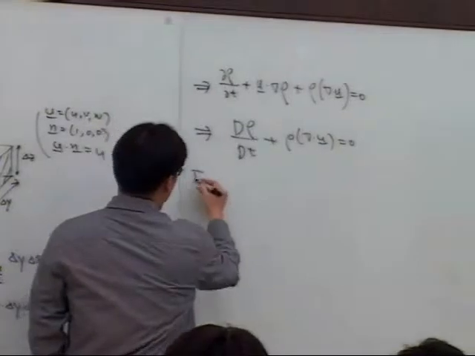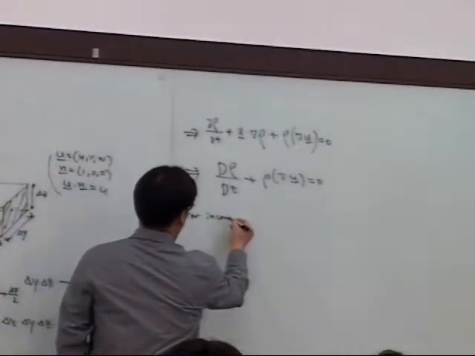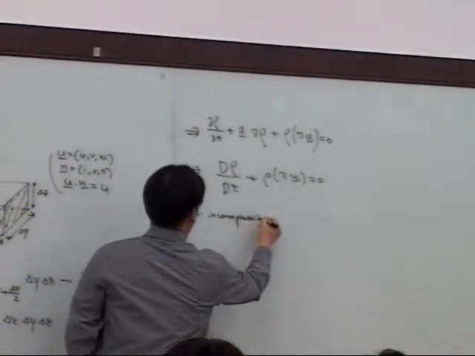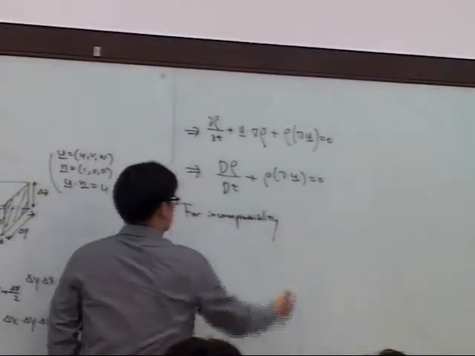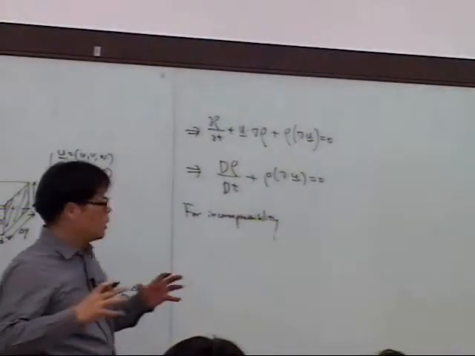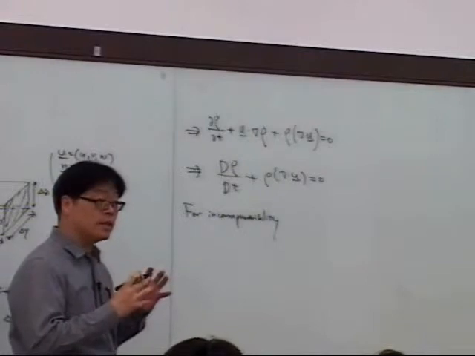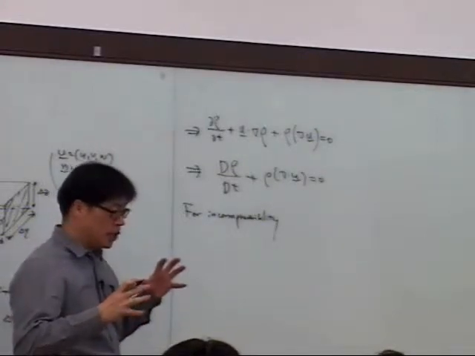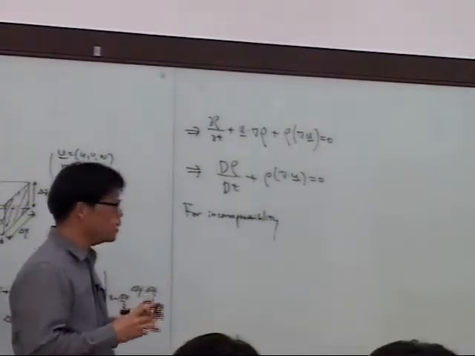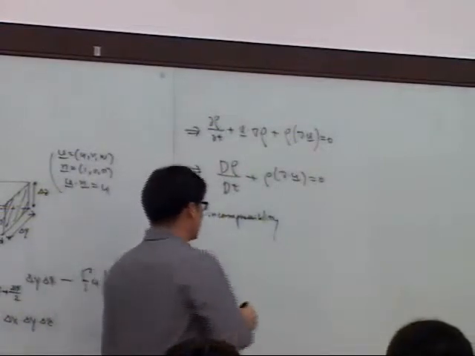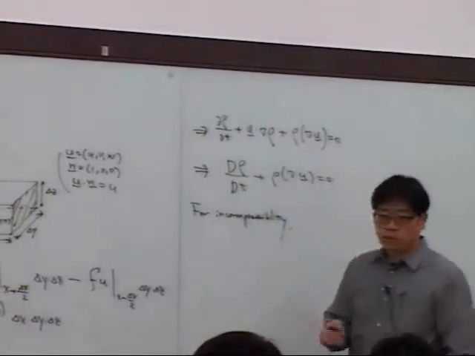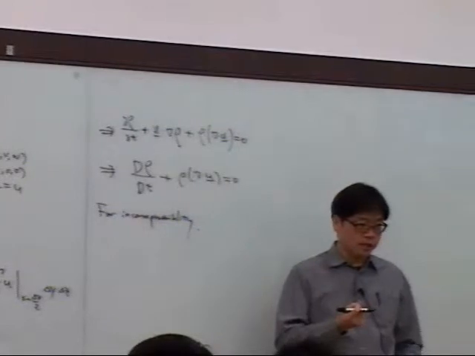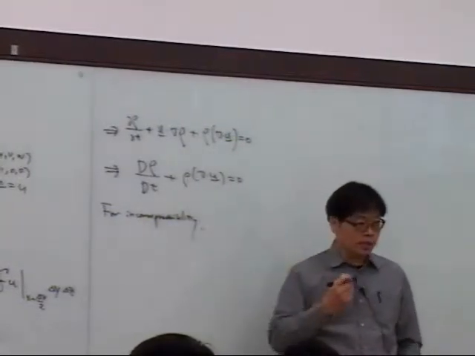And therefore incompressibility means that it's hard to compress, so you cannot change the volume easily. And so not only is mass conserved, but also the volume is conserved, and therefore density is conserved.